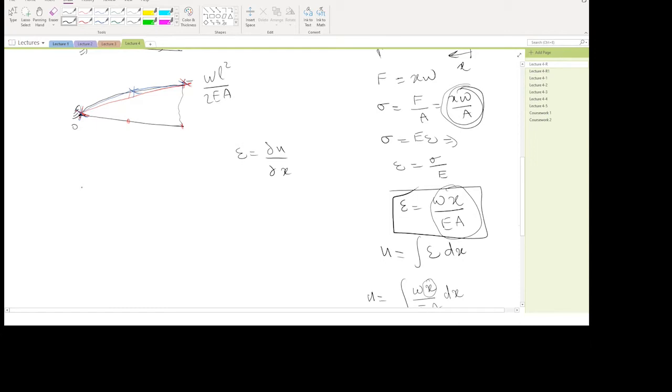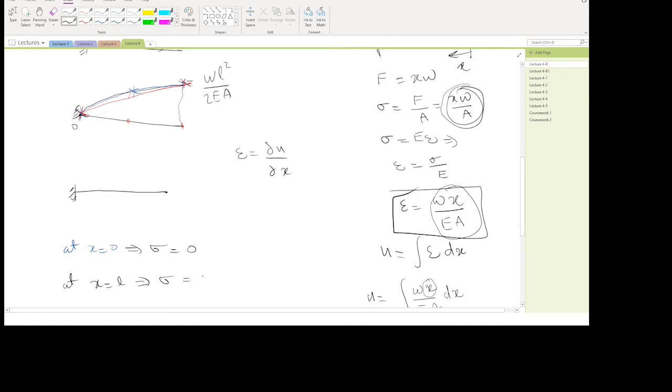So if you want to look into how the stress would look like, which is quite important here, the stress is varying between 0. So at x is equal to 0, you will have the stress to be equal to 0. And then at x is equal to L, you will have the maximum value for the stress.